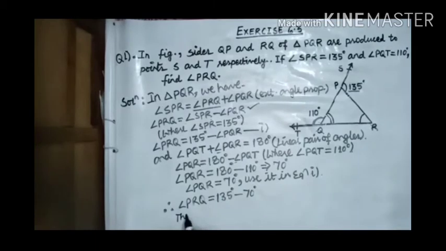Thus, angle PRQ equals 135 minus 70. It means 65 degrees.